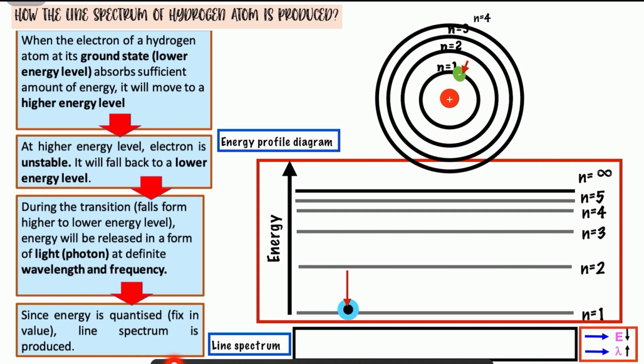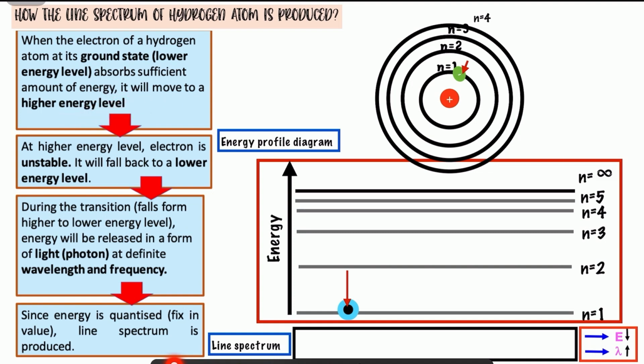When the question asks you to explain how the line spectrum of the hydrogen atom is produced, you have to start with this point. When the electron of a hydrogen atom at its ground state, the lower energy level, absorbs a sufficient amount of energy, it will move to the higher energy level.